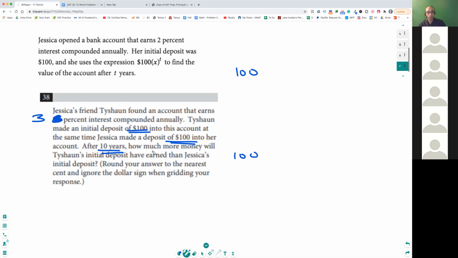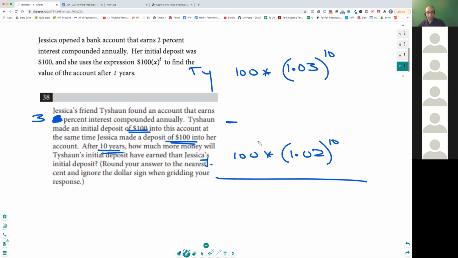Now, after 10 years, how much more does Tishan's initial deposit earn? So this is Tishan and this is Jessica. After 10 years, Tishan is going to be 1.03 to the 10th power. And Jessica, as you already know, is 1.02 to the 10th power. So now see if you can solve the problem, take the difference, and let me know what the answer is.